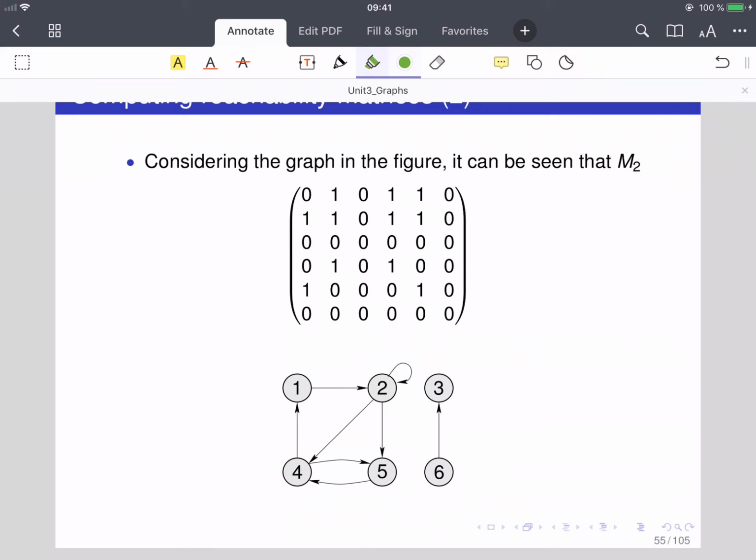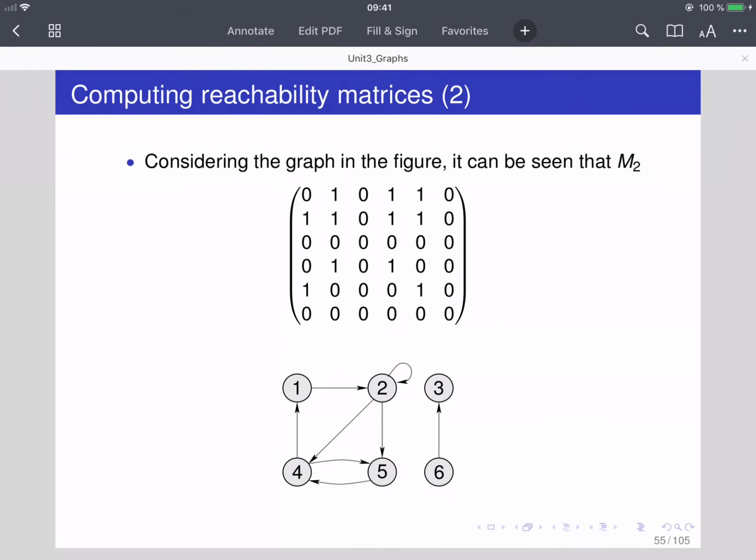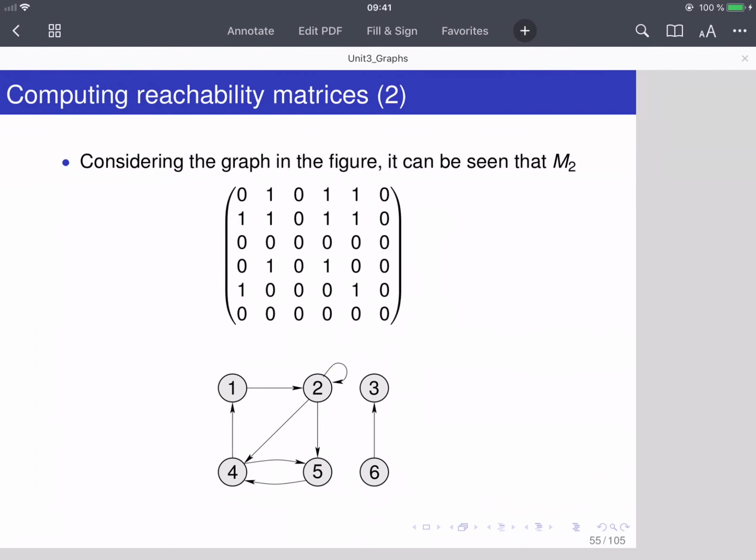Also, you can do the same for length 3, length 4, and so on, but it gets complicated, it gets boring, and if you have many different vertices, this is time consuming and is prone to errors. You can forget some path in the process. So the question is whether we can compute these matrices in a simpler way.